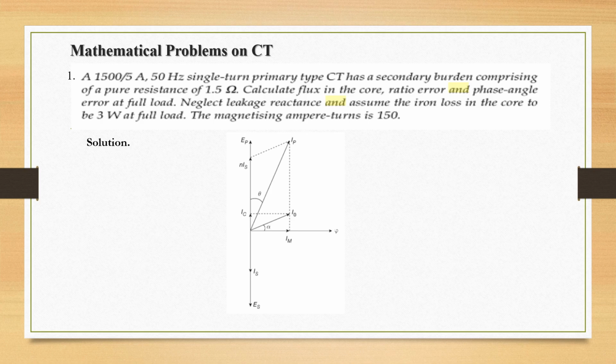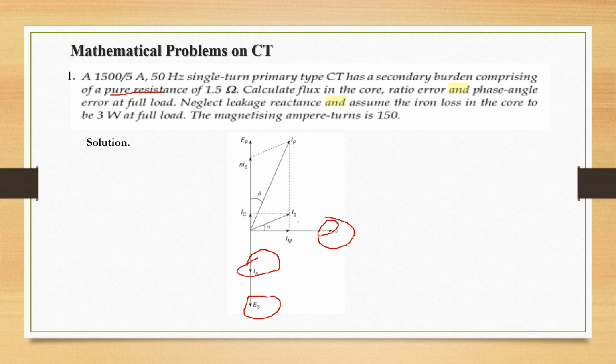If it's purely resistive, the secondary current will not be leading or lagging, and there will be no angle difference between secondary voltage and secondary current. Secondary induced EMF and secondary current will be in the same phase, as the circuit is purely resistive. So this will be our phasor diagram, with flux as reference.